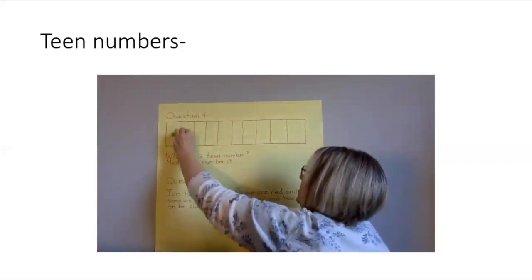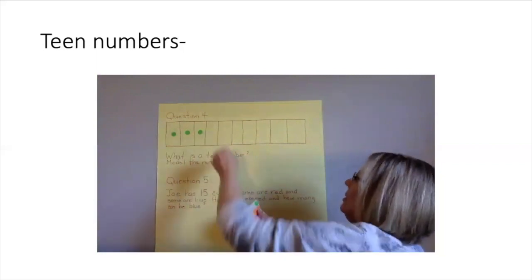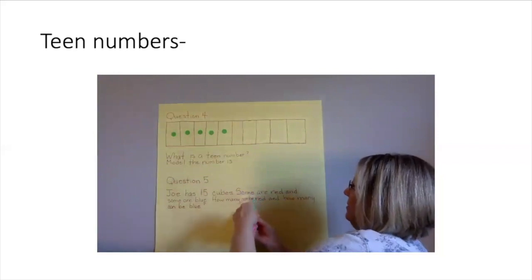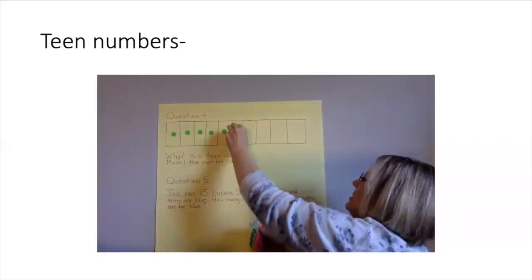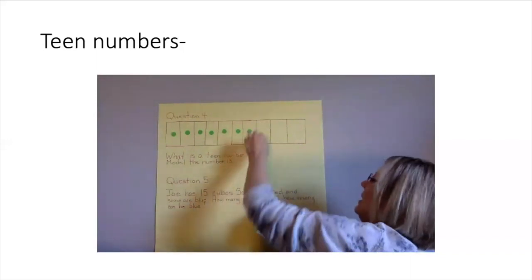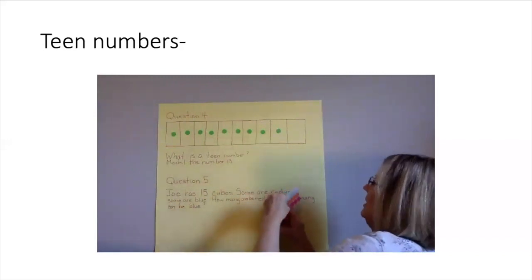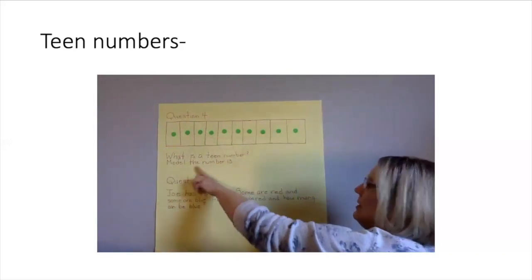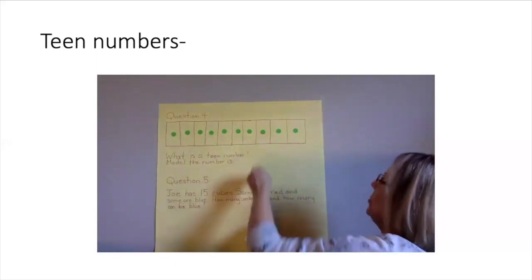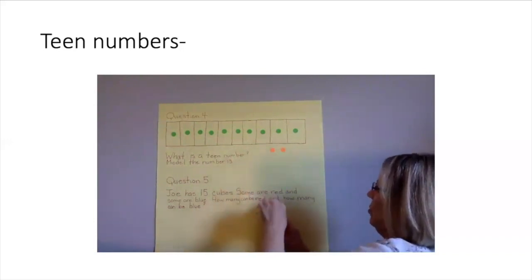1, 2, 3, 4, 5, 6, 7, 8, 9, 10, and we're modeling the number 13, so we have 10, and then we need to do 3 more, 10 and some more, and that would be 3 more.